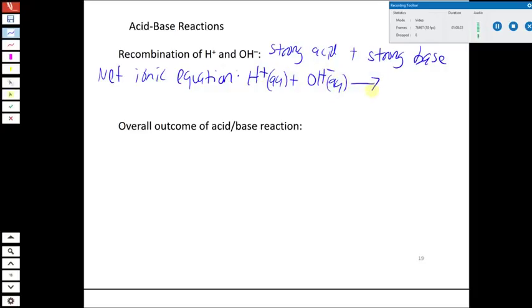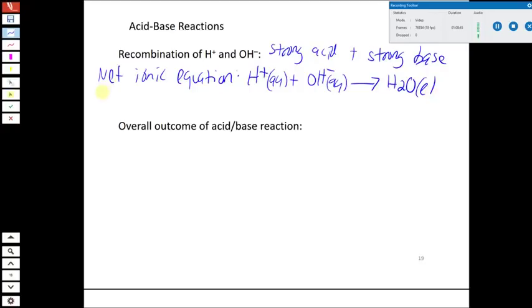Now can anybody do a little bit of detective work and figure out what those two make when they come together? H2O, water. Good. And so that is the net ionic equation for every reaction between a strong acid and a strong base. They will have exactly the same net ionic equation, which is H+ plus OH- making water, H2O.